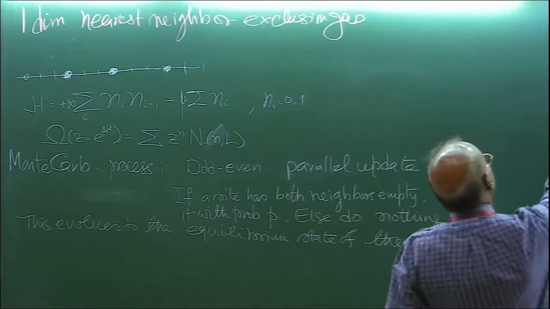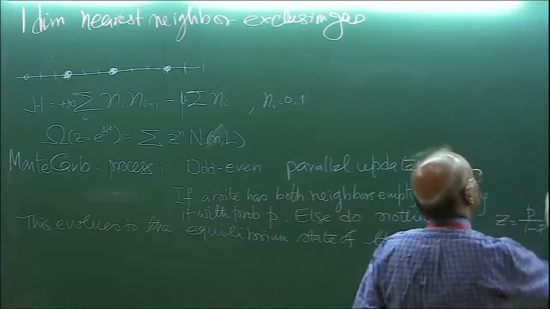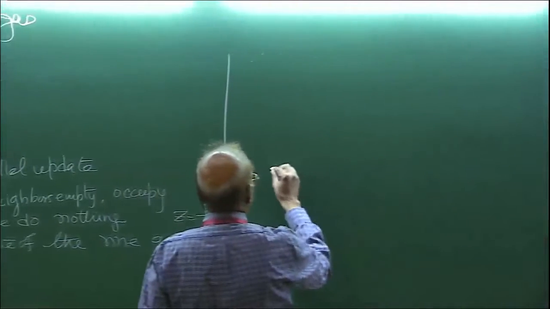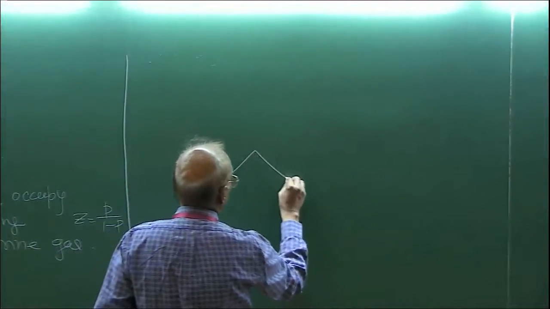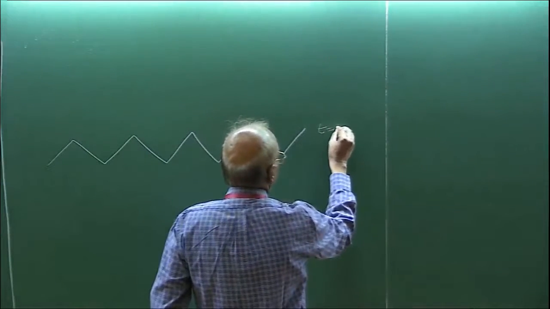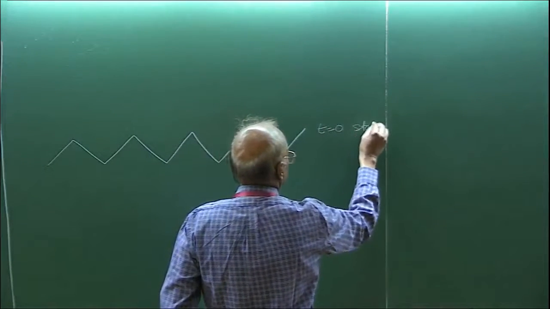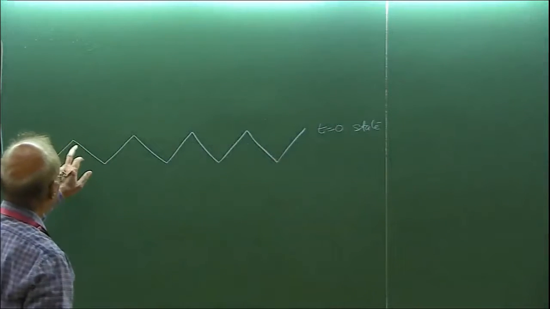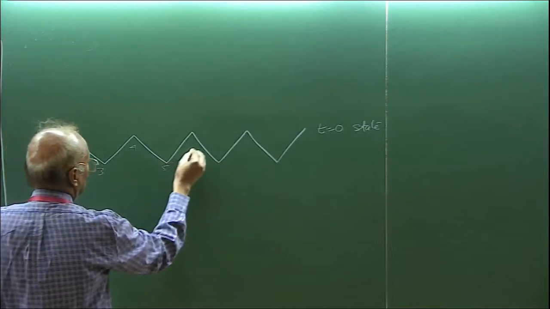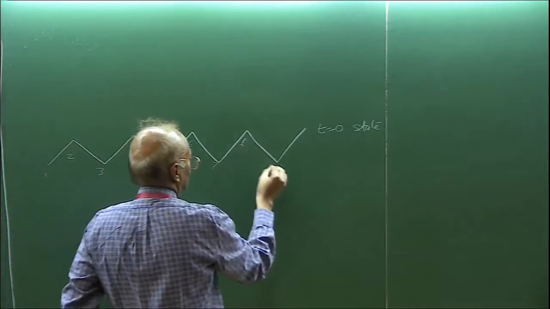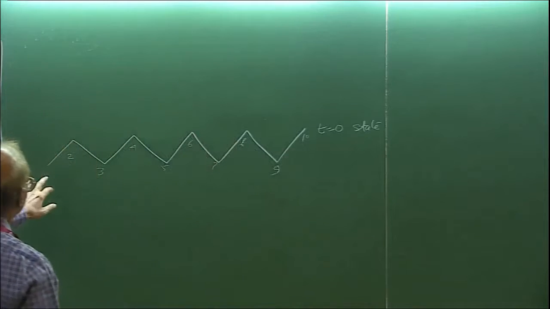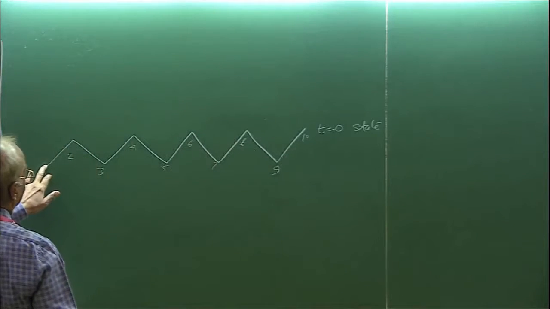But now I want to have a pictorial representation of this process. And it is convenient to do it like this. This is the t equal to 0 state. This is site 1, site 2, site 3, 4, 1, 2, 3, 4, 5, 6, 7, 8, 9, 10. Okay, now I update the odd sites.